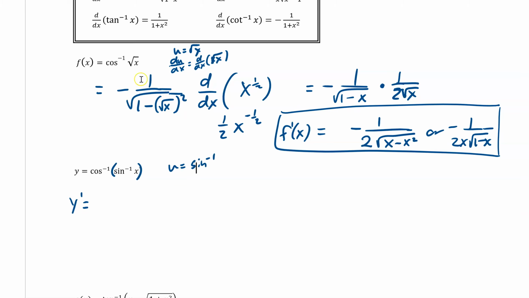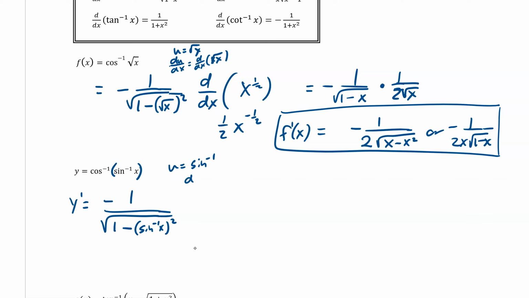Okay, so this would become negative 1 over the square root of 1 minus, and then we put that guy in a parenthesis squared. So you see it's the same thing. We're just putting in inverse sine now. And then now we need to do the derivative of the inverse sine of x.